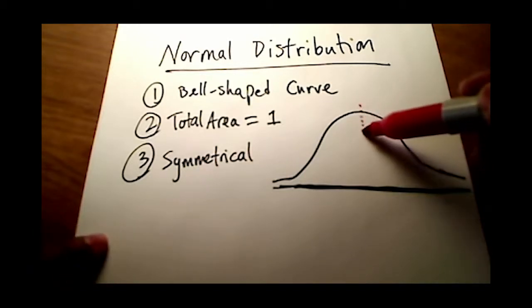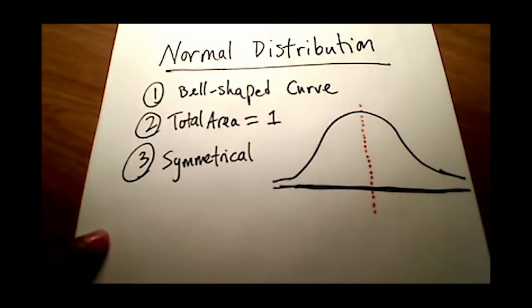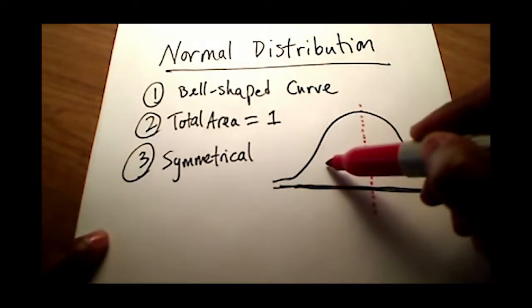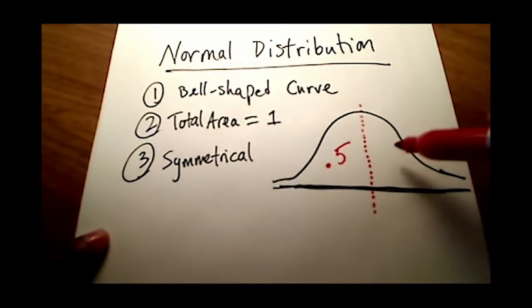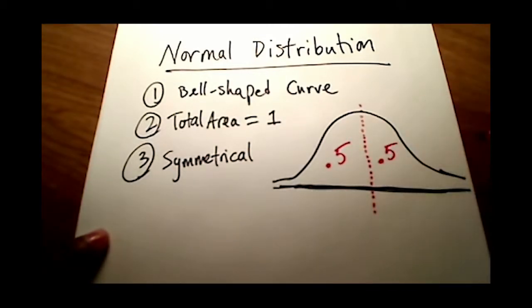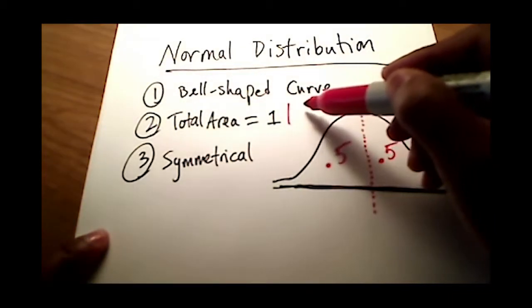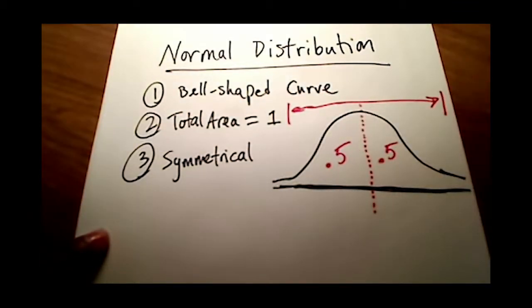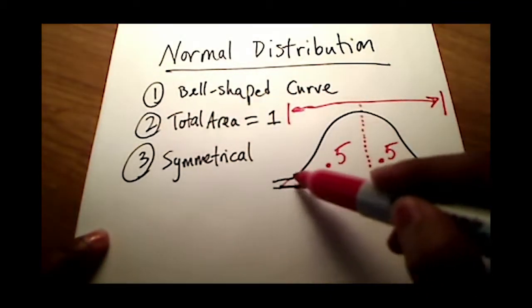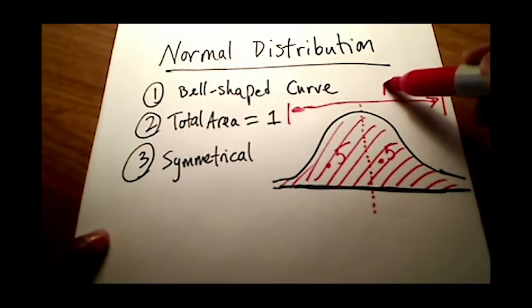So if I was to split this thing right down the center here, you would see that half of this picture over here, if the whole thing is 1, is 0.5, and the other half is 0.5, giving you a total area, everything from here all the way over to here. Right, total area all together, everything under the curve here, that gives you a total area of 1.